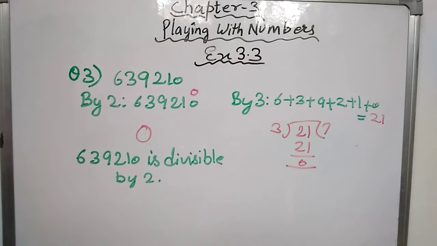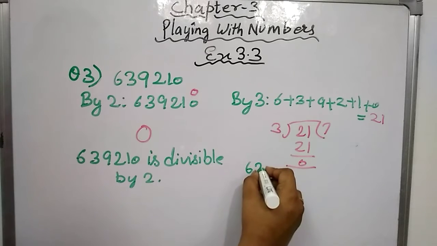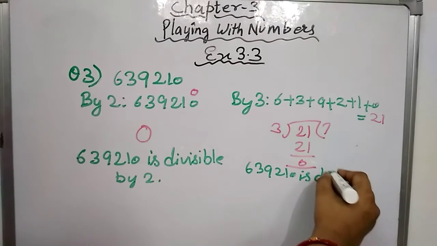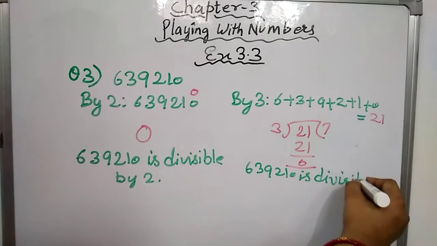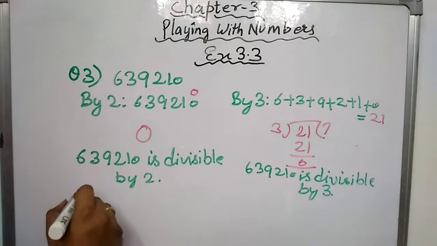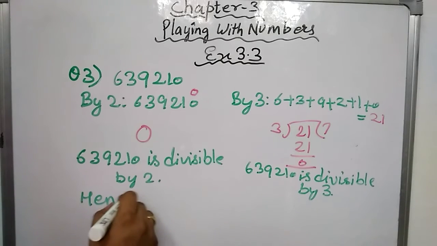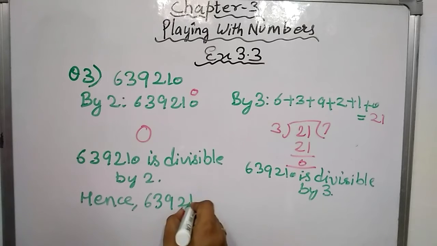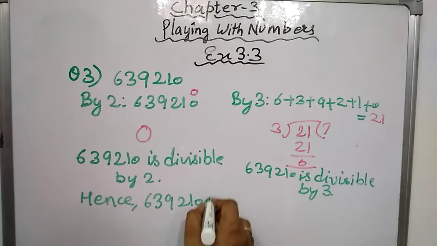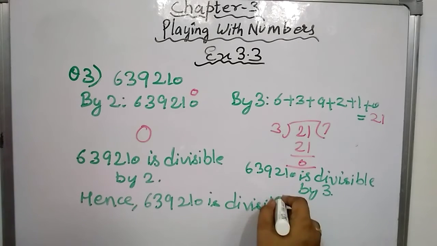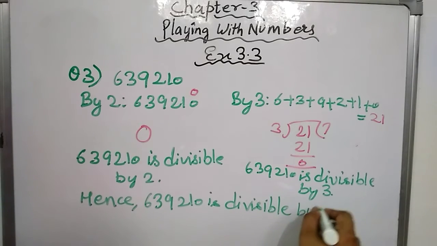So this number is divisible by 3 also. Hence it can be said that 6,39,210 is divisible by number 6.